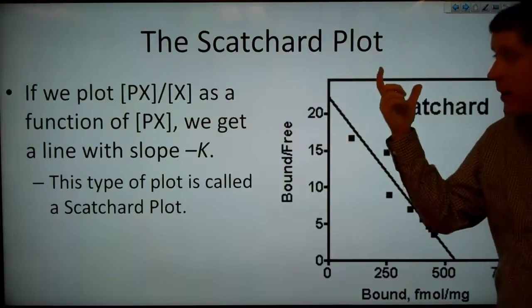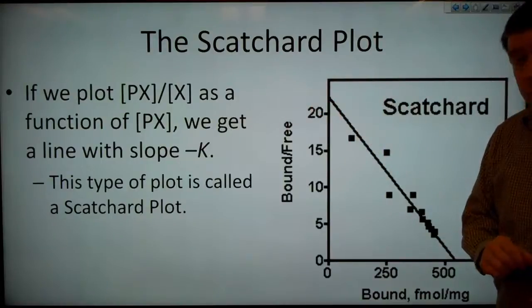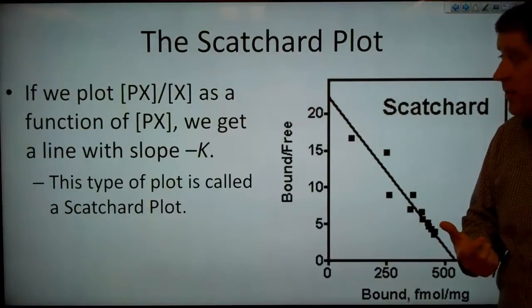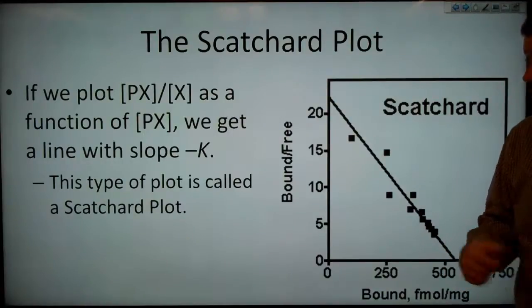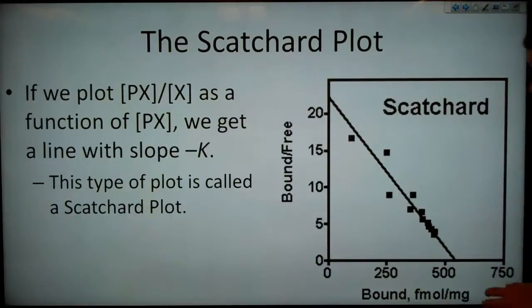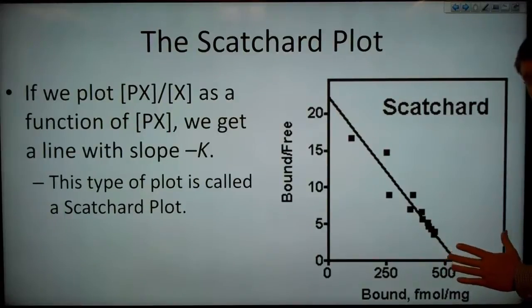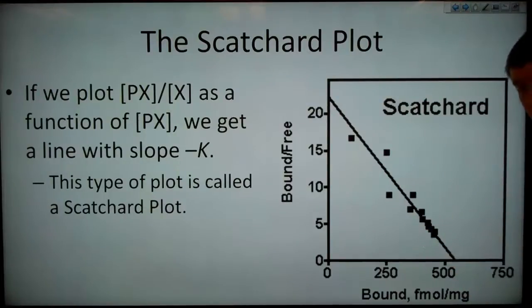And now if we plot the concentration of PX divided by the X concentration as a function of the PX concentration, then we get a line with slope of negative K, the opposite of the equilibrium constant. And this type of plot is called a Scatchard plot that we have over here.